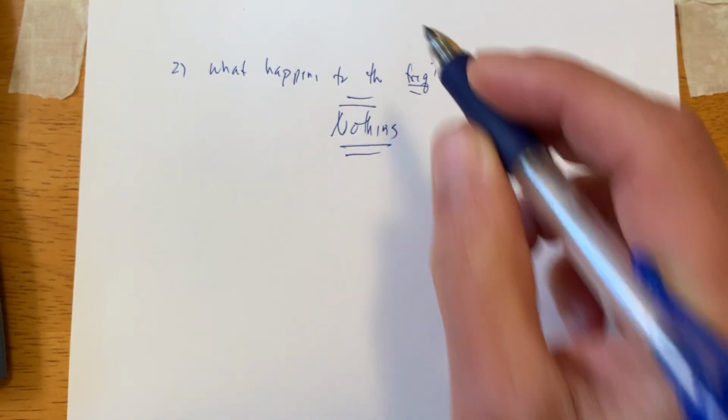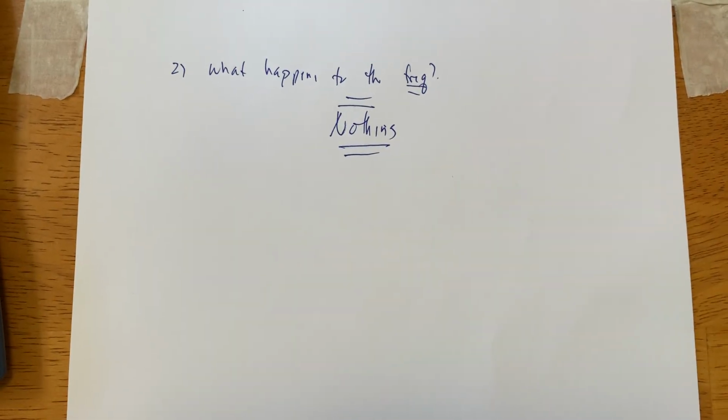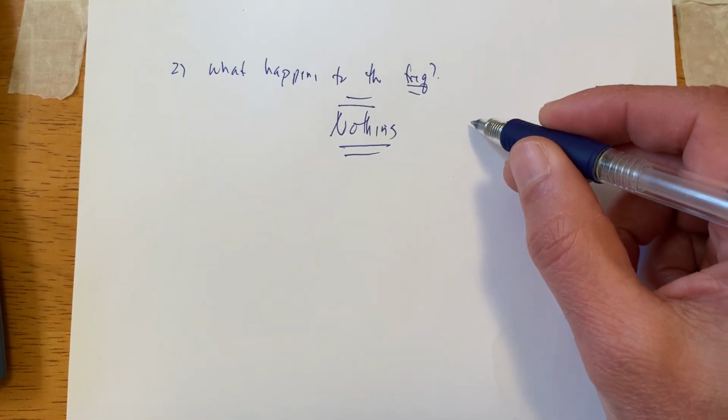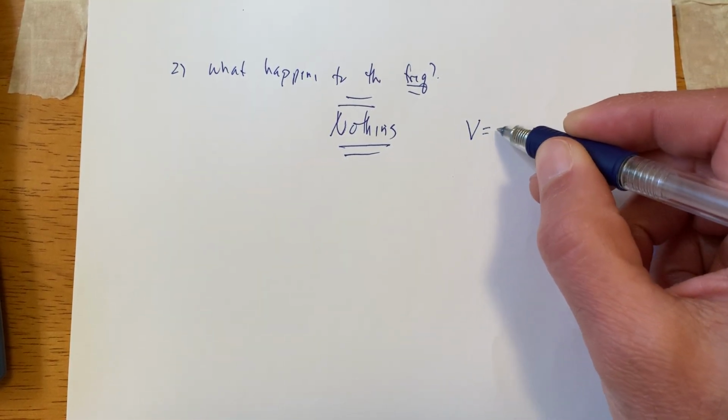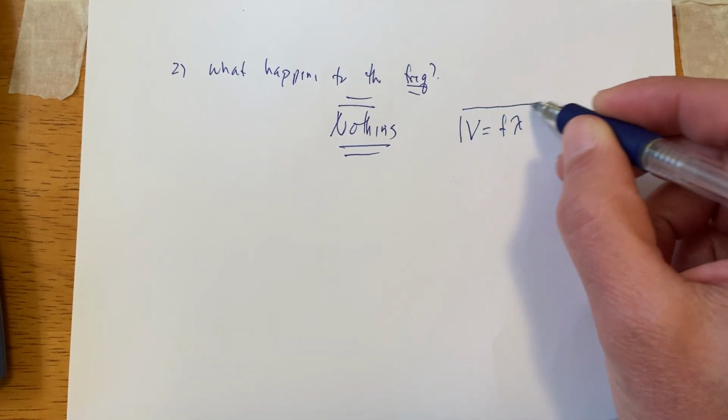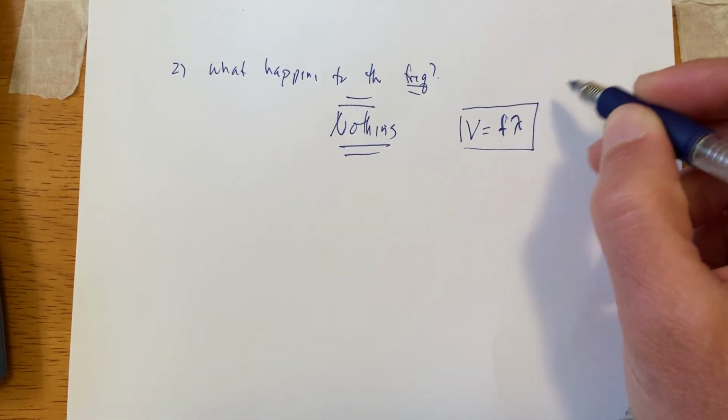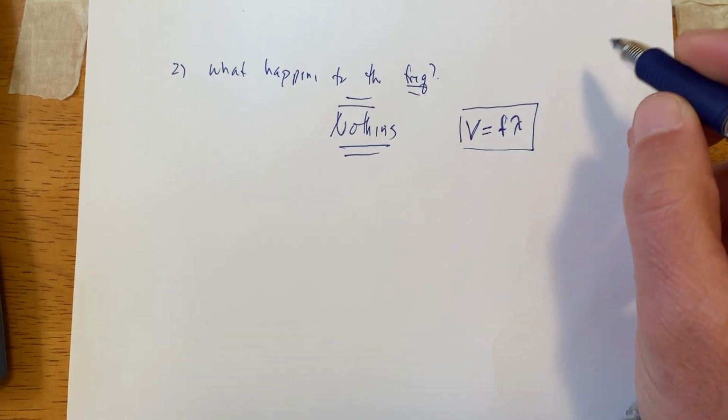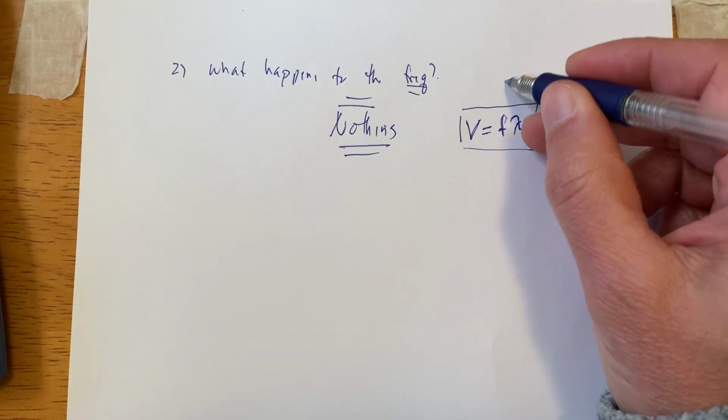Okay? And this is just one of the facts that you have to kind of accept from me. Once a wave is produced, the frequency of that wave will never change. Let me say that again. Once a wave is produced, the frequency of that wave never changes. So what are the implications? If I am a wave, here is my one equation that governs how a wave behaves. So let's take a look.